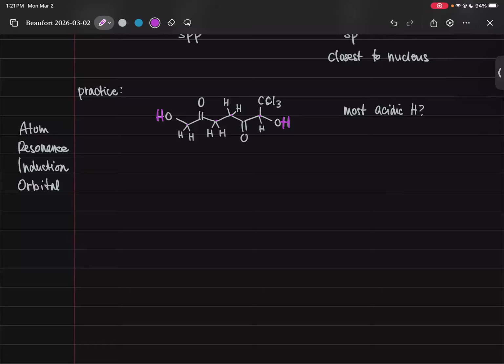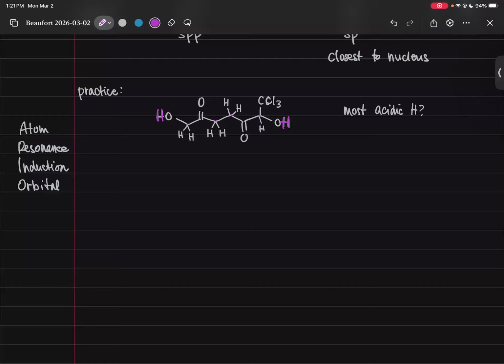Resonance: are the conjugate bases on either of those positions involved in resonance? No. They look like carboxylic acids. In fact, in the example I meant to give, the left one was supposed to be an actual carboxylic acid, but alas. So that doesn't help differentiate between the two.